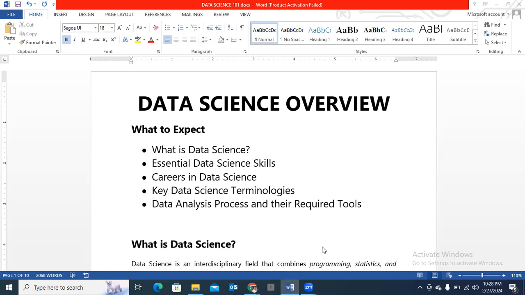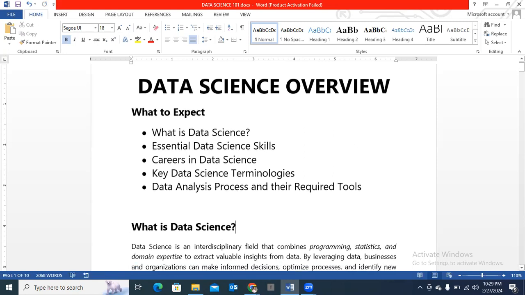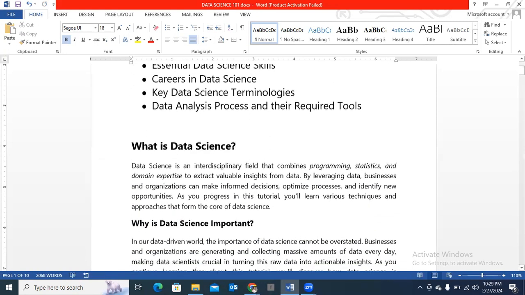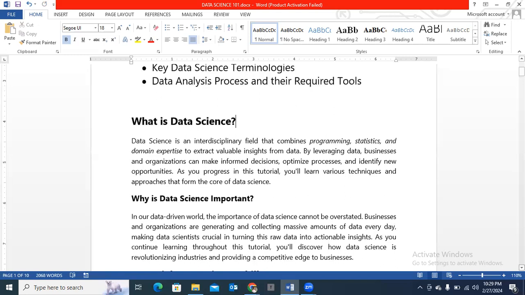So what is data science? Actually, data science is an interdisciplinary field that combines programming, statistics, and every other field that involves programming and statistics. However, whichever professional you are, you don't need to change from your field. You can be a data scientist in your field.